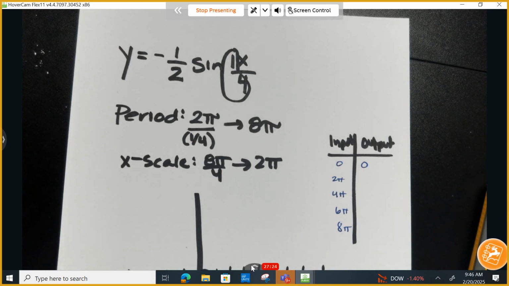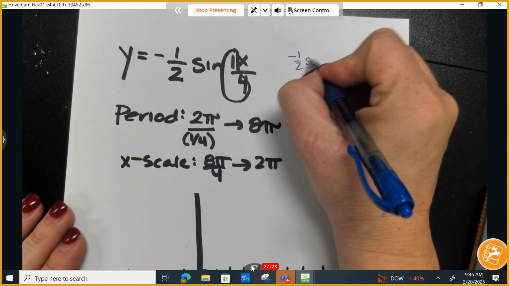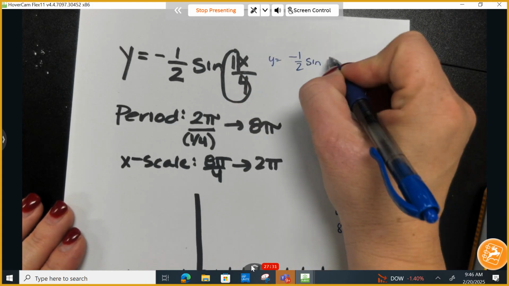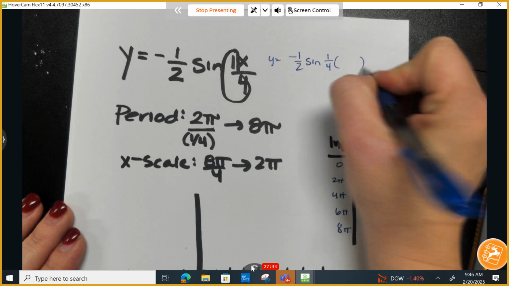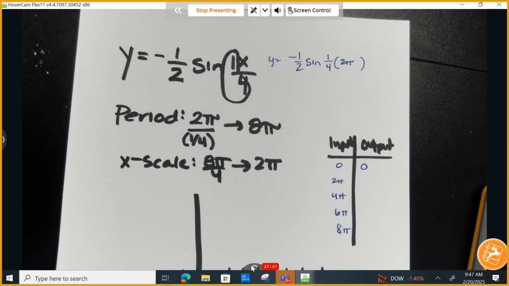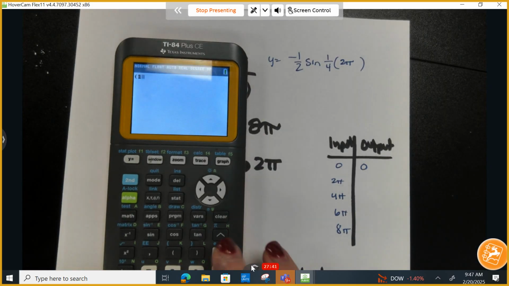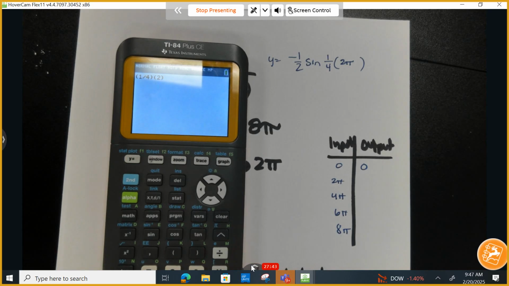Okay, next up, I'm going to do 2 pi, and I'm going to write this one out. This is my last one that I'm going to show work on. I have a 1/4 there, and now I want to take it times 2 pi. If you're not comfortable taking 1/4 times 2 pi, you're going to grab your calculator. 1/4, and I'm going to omit the pi symbol.